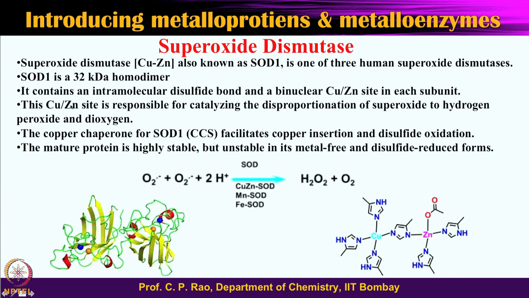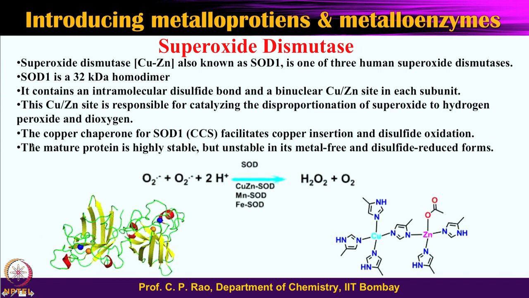So, if you do not have this, no reaction. Of this, the copper is the reactive, catalytic center, and the zinc is the structural center. Suppose I replace zinc by cobalt or nickel, we can still have the activity. But if I replace the copper center by something else, the activity drops dramatically.